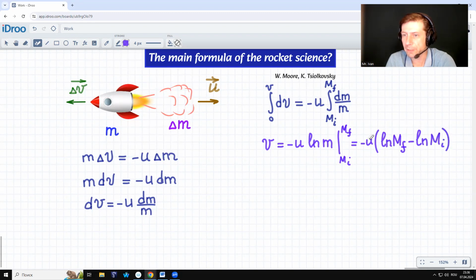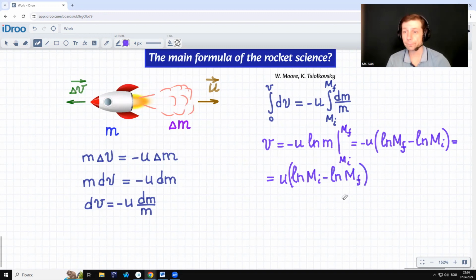But since we have a negative in front of the parentheses, we could just change the signs and we'll get something like this: u times ln, and I'll change them. Mass initial goes first, mass final goes second. Now we have plus here, see?